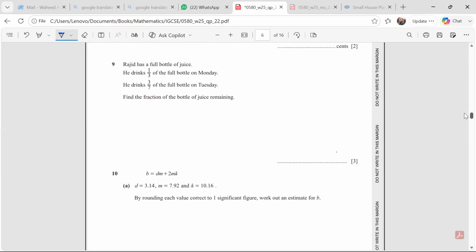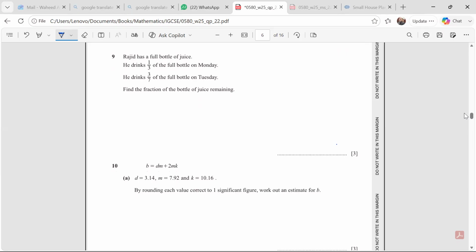Now question number 9. Okay, Rajat has a full bottle of juice. He drinks one third of the bottle on Monday. He drinks so much on Tuesday. Find the fraction of the bottle remaining. So you see, from one bottle, he drank one third on Monday, right? So what is left is 1 minus one third.